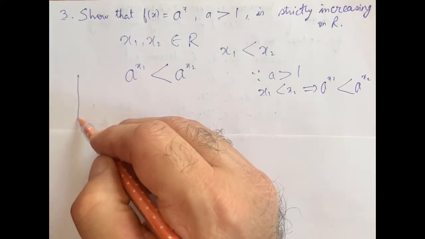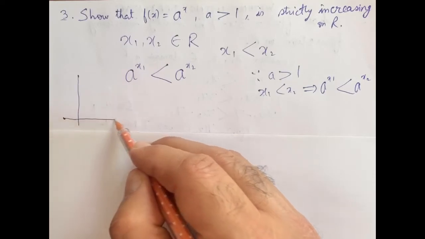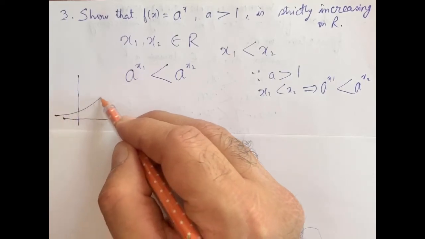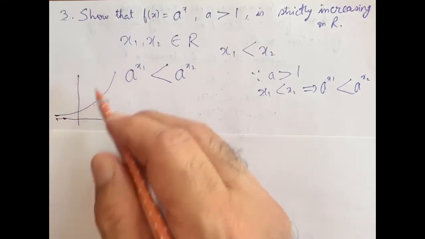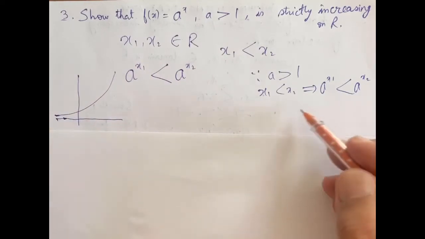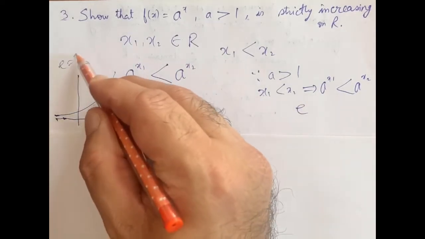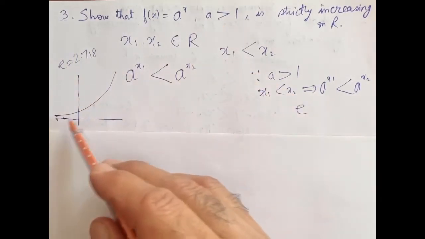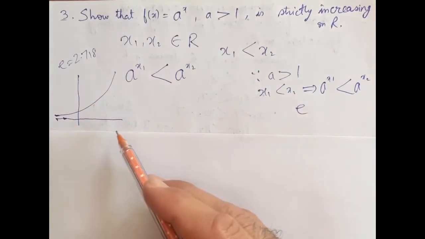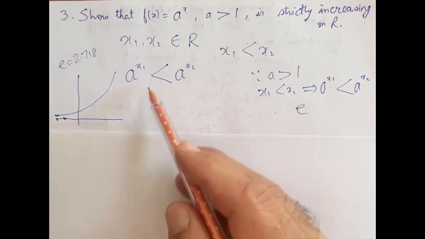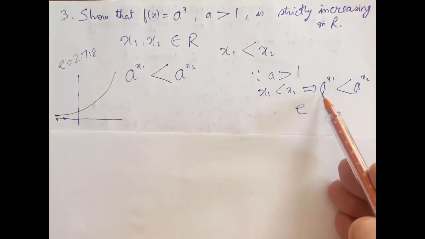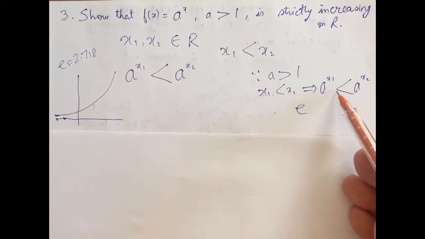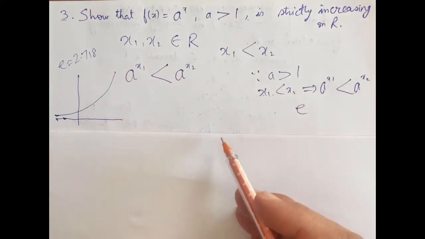The graph of a raised to x will be like this. So this is the graph of a raised to x, or it's the graph of e raised to x, because e is 2.718. So that's greater than 1, so same graph. From the graph also it's clear that x1 less than x2 implies a raised to x1 is less than a raised to x2.